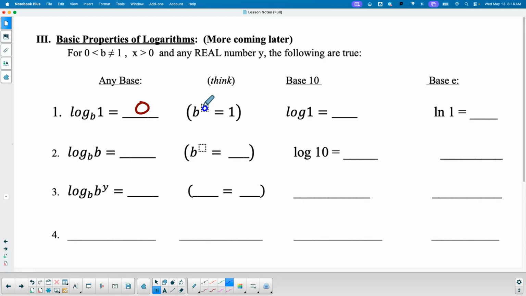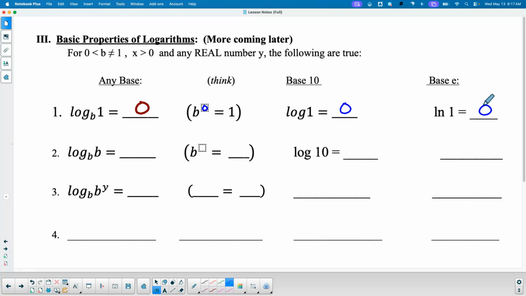So in both of these cases, this would be 0. Log base 78 billion of 1 is still 0. Log base triangle of 1 is still 0. Whatever that base is, the answer is 0.